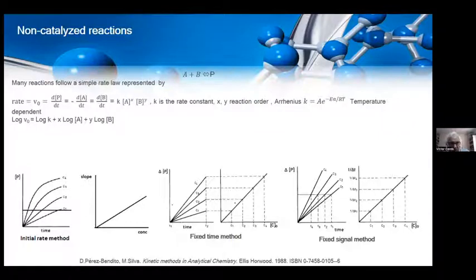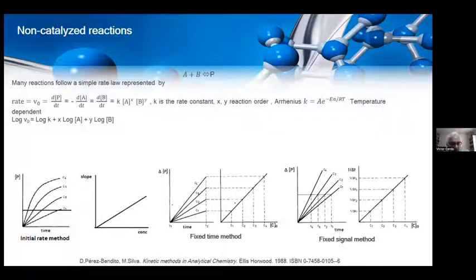Since at the beginning we can consider that the concentrations of A and B are almost constant, we have a straight-line variation of the product, and we can represent the slope of this speed in front of the concentration of the product. You will have the calibration curve.